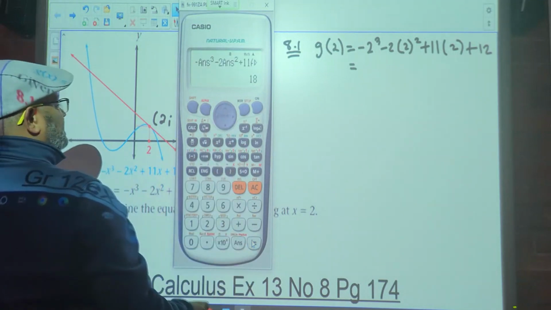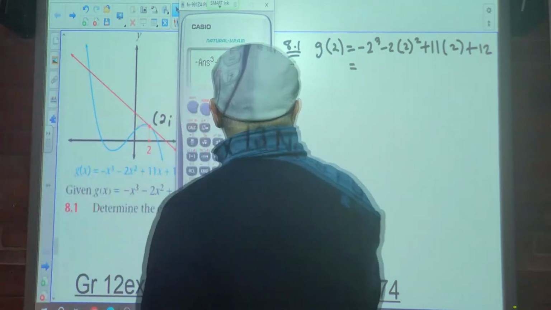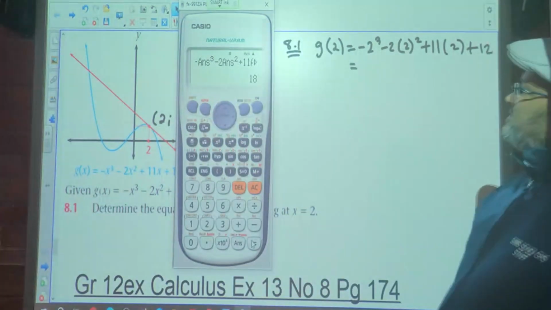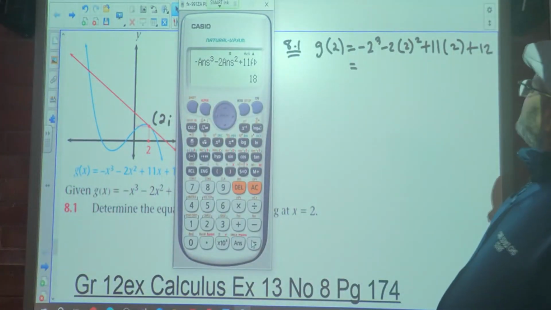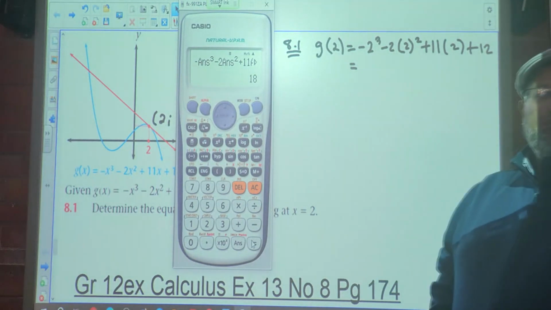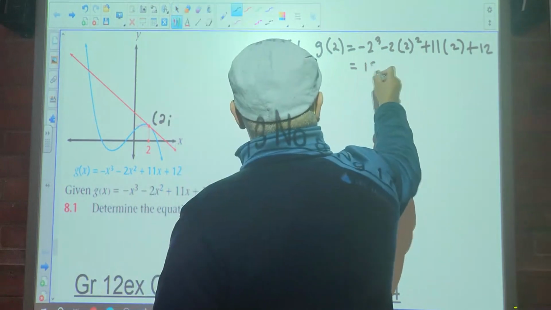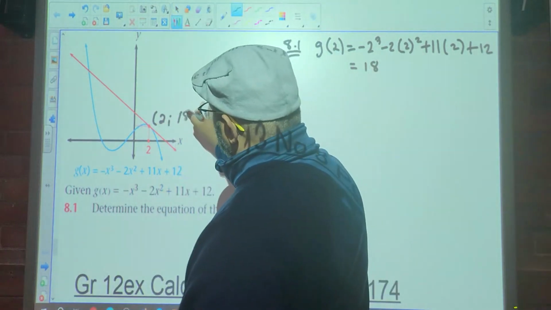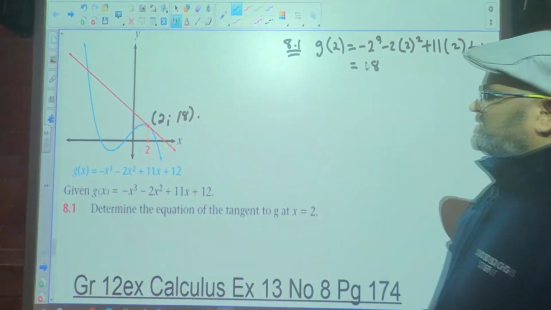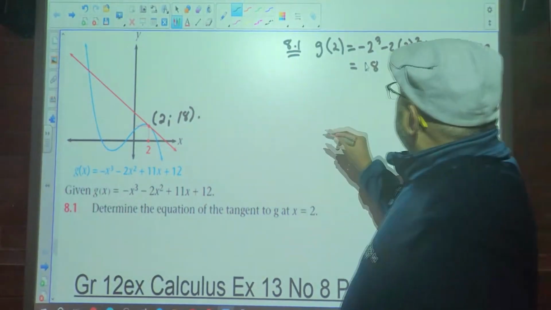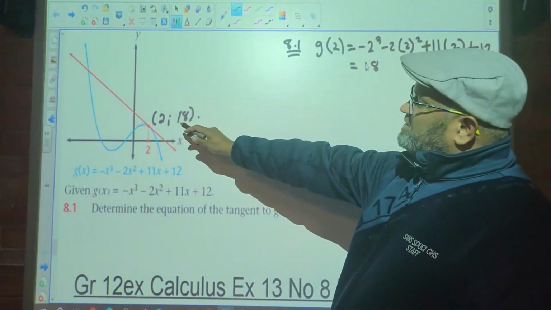I get 18. Is that correct? Anybody work it out? No? Okay, 18. So the point of contact is 2 and 18.